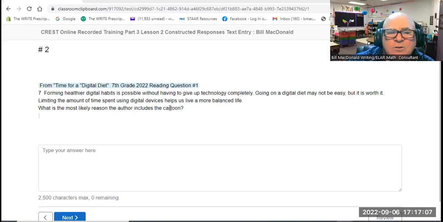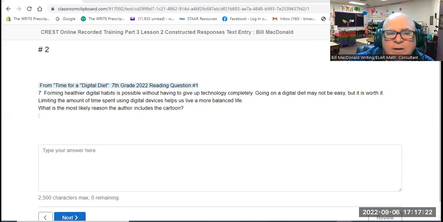So I'll share the portion of the screen again. So the question was, what is the most likely reason the author includes the cartoon? Well, sometimes we have to connect a picture, which just so you can see the picture.